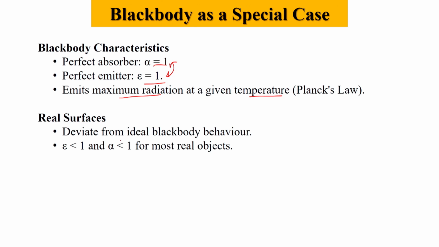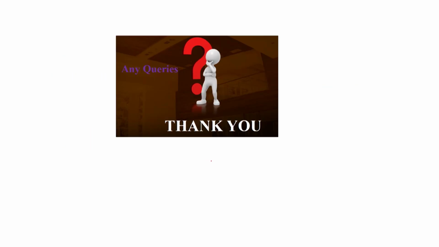Real surfaces deviate from ideal black body behavior, so you will not have alpha and epsilon close to 1. Most of the time for real bodies, epsilon and alpha will be less than 1.